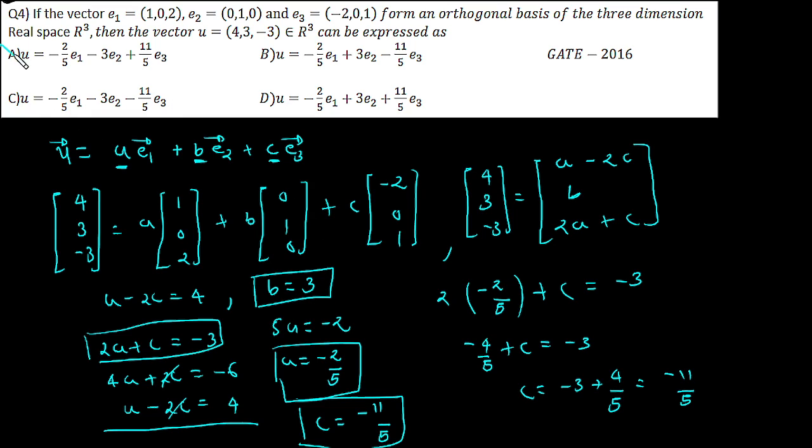So option a is not correct. Here again option c is not correct. The remaining two are options b and d. Now c is minus 11 by 5, so option d is also wrong because here it is a plus sign. So option b will be the correct answer.